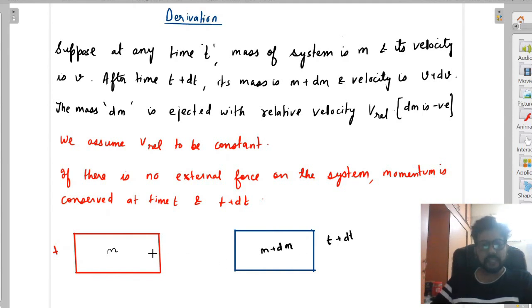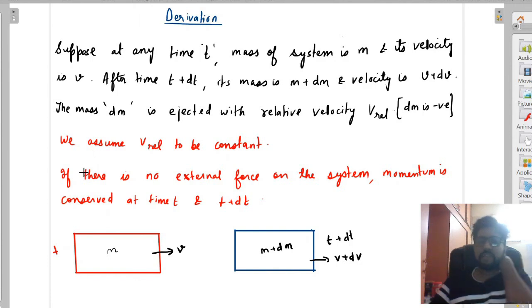Suppose the velocity is v at time t, and the velocity becomes v plus dv at time t plus dt. Now for derivation, what we have done is we have assumed that the mass is ejecting. You can find it also if mass is added, but every time you will get the same answer.